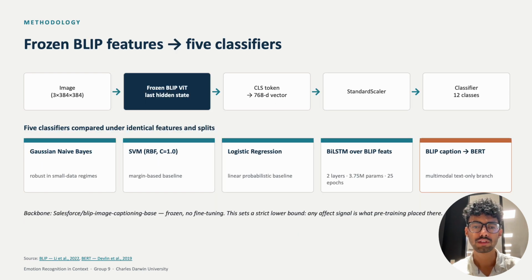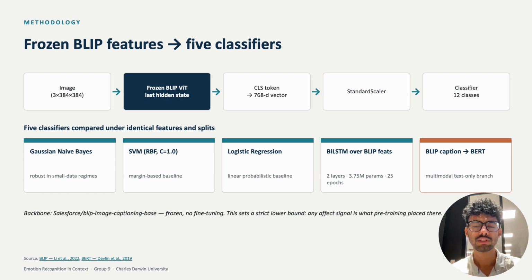And on to the next slide, which is frozen BLIP features, where our pipeline started with an input image. The image is passed through the frozen BLIP vision model, where we extracted a 768-dimensional CLS feature vector, and then we standardized the features and trained classifiers on top of them.